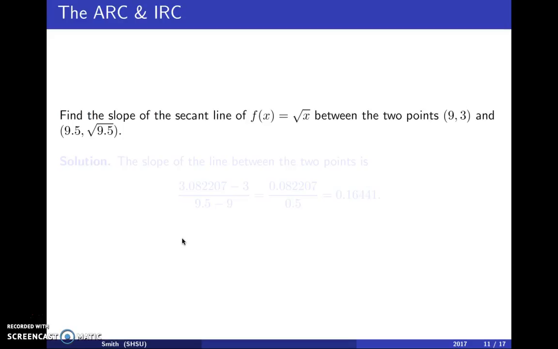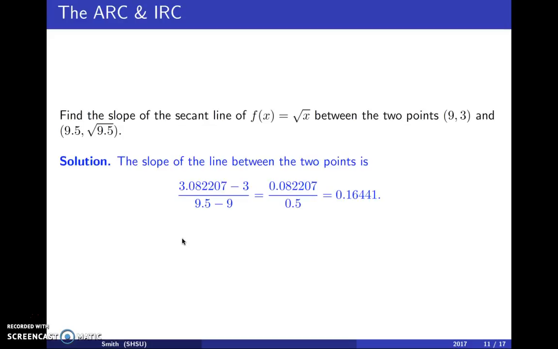Find the slope of the secant line between 2 points 9, 3 and 9.5, square root of 9.5. This is the first problem from the examples before, and the solution is a slope problem. Here we have to get out a calculator, but 1 point is 9, 3, and the other one is 9.5, 3.082207. That's my best approximation for the square root of 9.5.